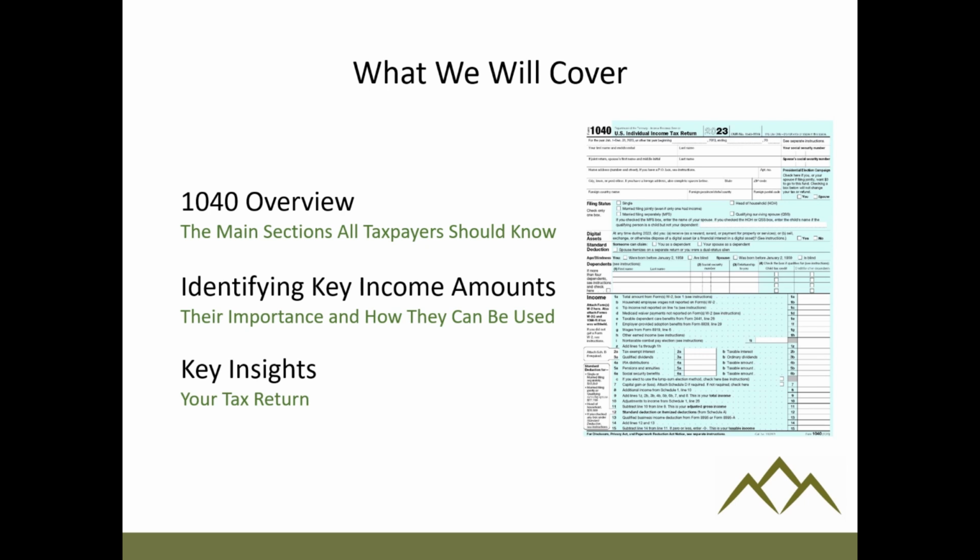The forms themselves can be pretty expansive, so we're going to zero in on some of the main sections that everyone really should have at least a cursory understanding of if you want to understand your tax filings. We're going to hone in on some of the more important and commonly misunderstood line items, and then we're also going to talk about some insights that you can draw from this information.